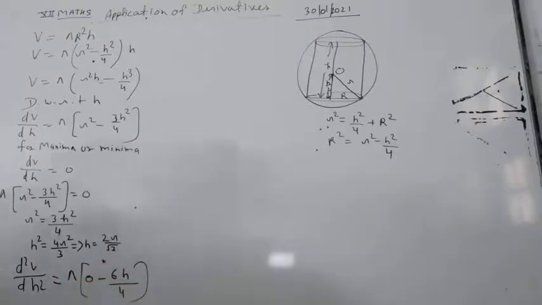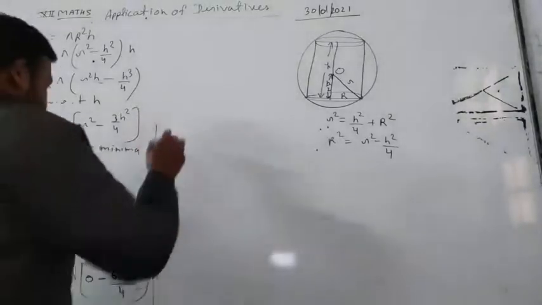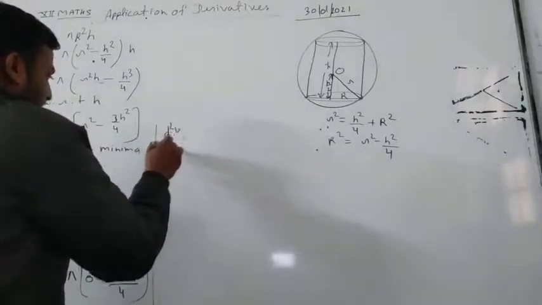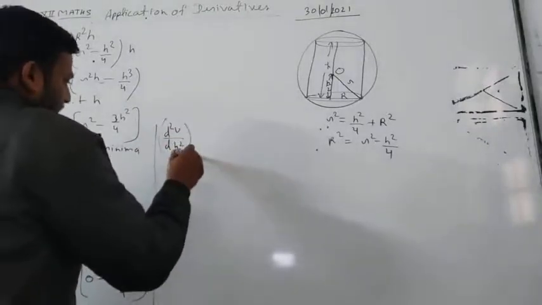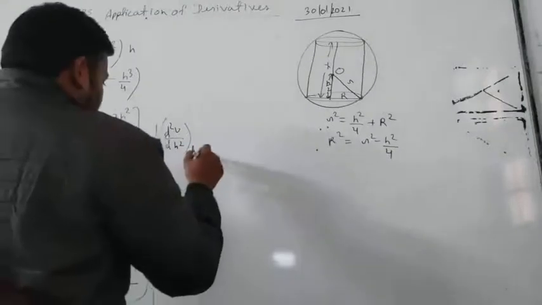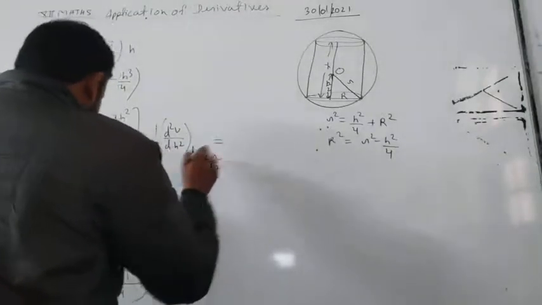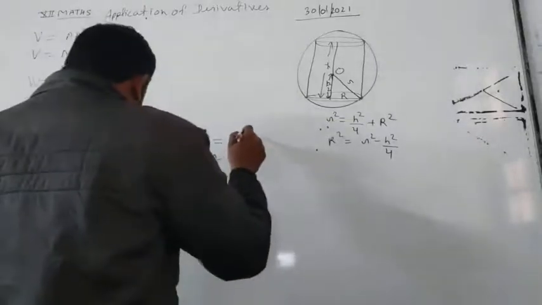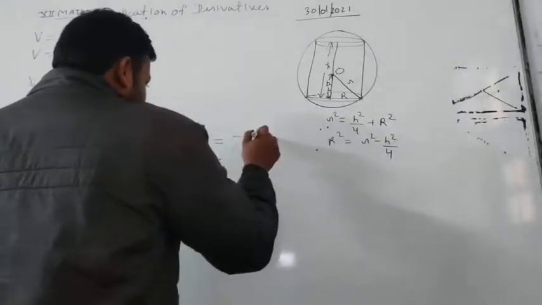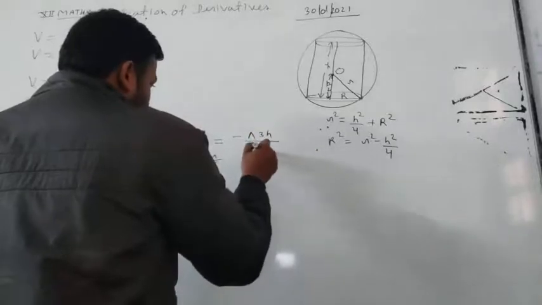Okay, students. So the second derivative is this. So d2V by dh2 at h equal to 2r by root 3 gives minus pi times 3h by 2.